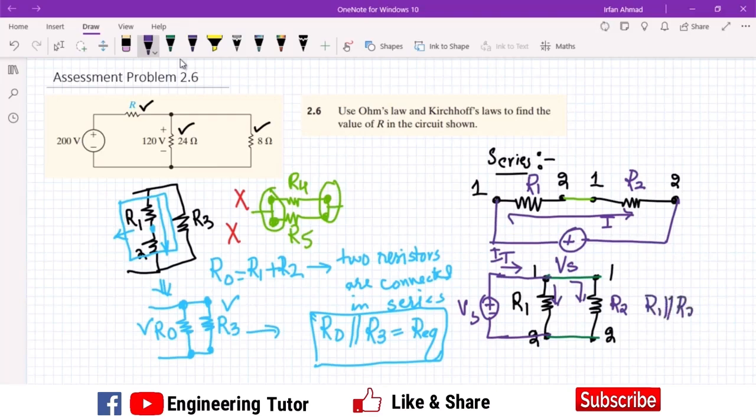This is the symbol of parallel, while R1 plus R2 are in series here.